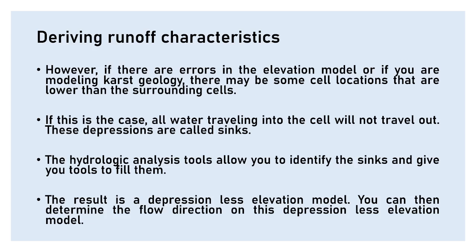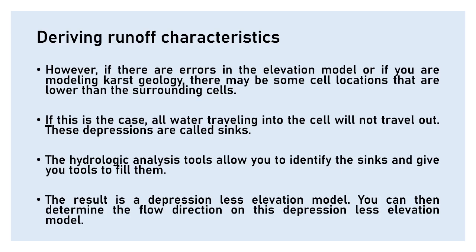As I said in the initial part itself, most of the sinks are not natural ones. In a digital elevation model, it might be due to a problem with the resolution, or in the identification of such things. That is the general scenario.